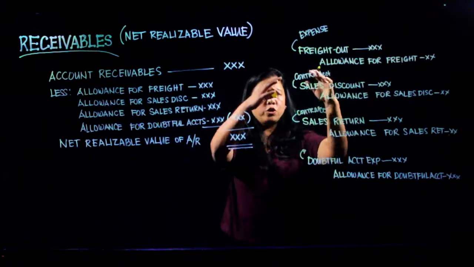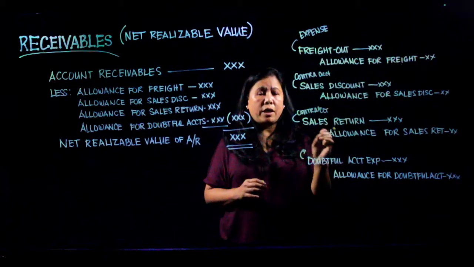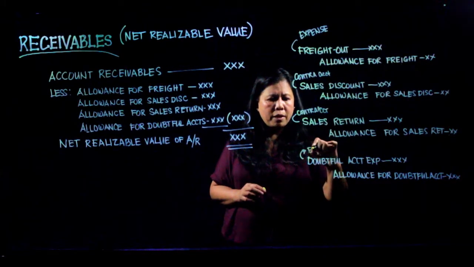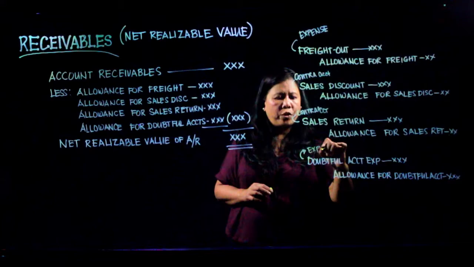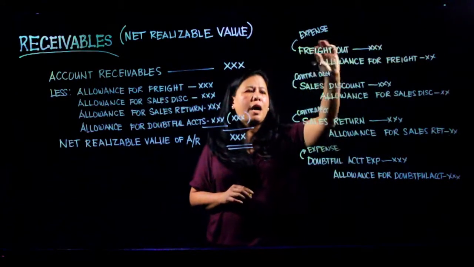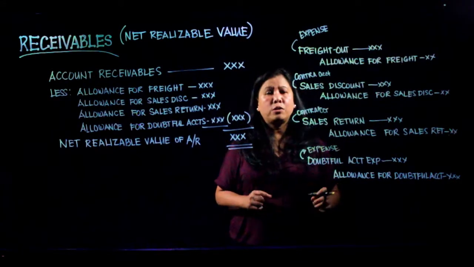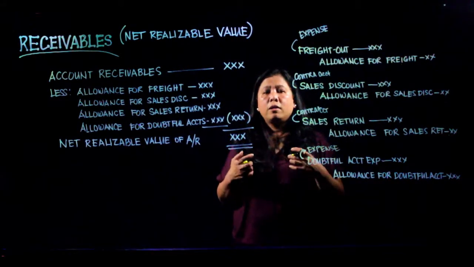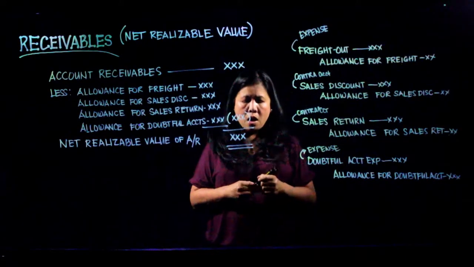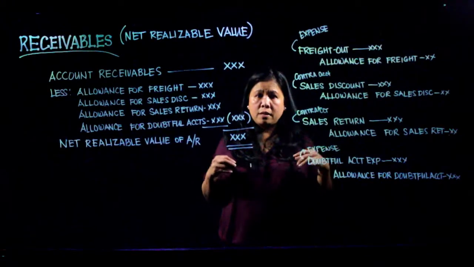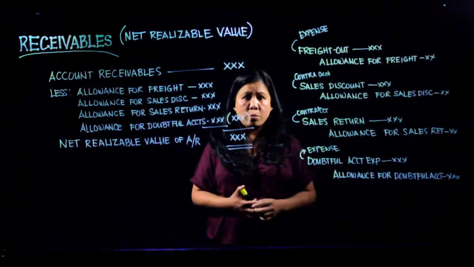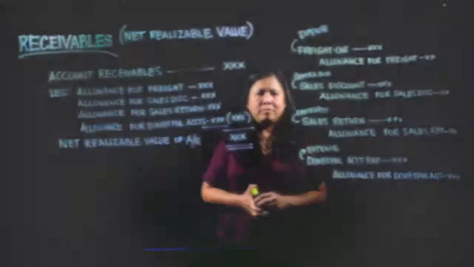So we have two contra accounts, the sales discount and the sales return. The doubtful accounts is an expense as well as your freight out. The freight out plus your doubtful accounts, those are your expenses. Sales discount and sales return are contra accounts of your sales to get your net sales. And this is our accounts receivable.